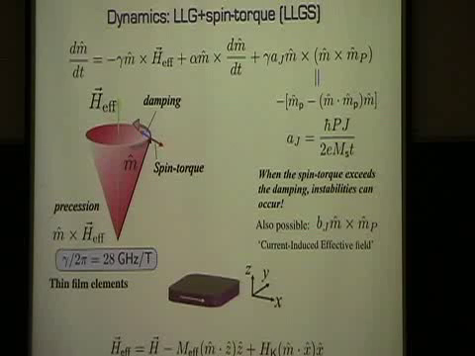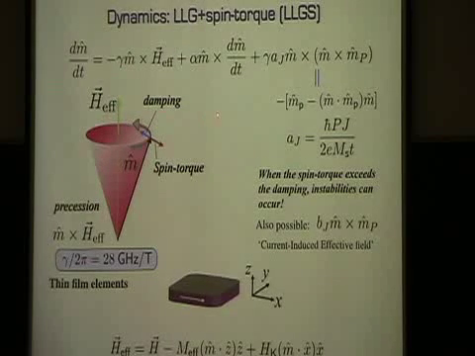Okay, so this is the new ingredient we have to add to our dynamical equation to capture some of the phenomenology. This you saw yesterday, and I was up to here, and everything was damped out by this term, the alpha m times dm/dt. And this is the new ingredient that was proposed.